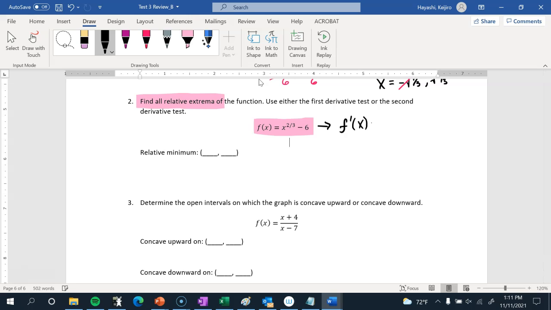So in order to find f prime of x, we can just use the power rule, because this is already written as a rational exponent. We take the power, put it in the front, and decrease the power by 1. So that'll give 2/3 x, and 2/3 minus 1 is going to be negative 1/3.